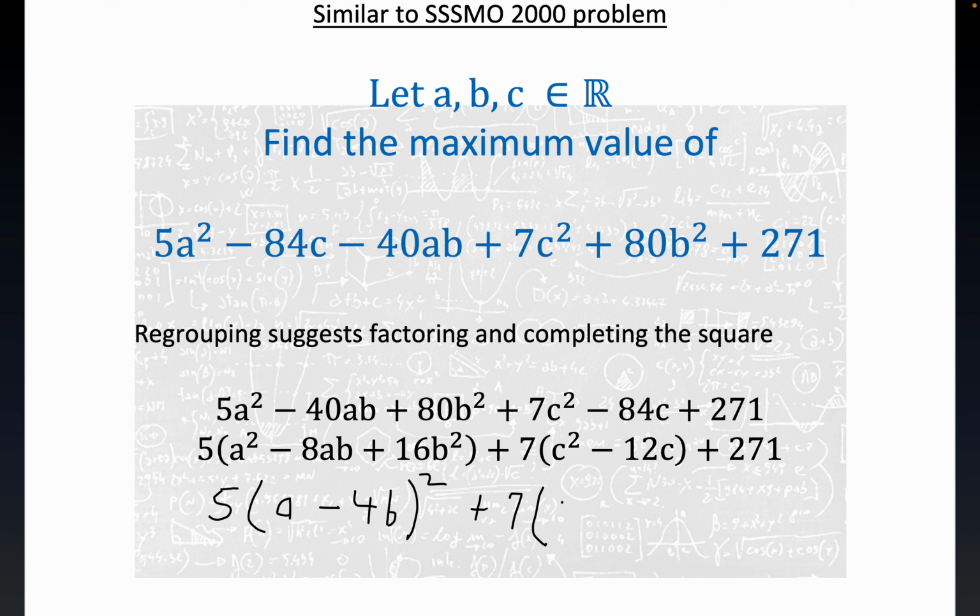So you get 7 times C minus 6 quantity squared, right? Now notice that this expansion would give you C squared and minus 12C for free, but it also kicks off another constant term, namely 6 squared, so you would have 36 here, and then plus 271, which is still the constant that's lingering.